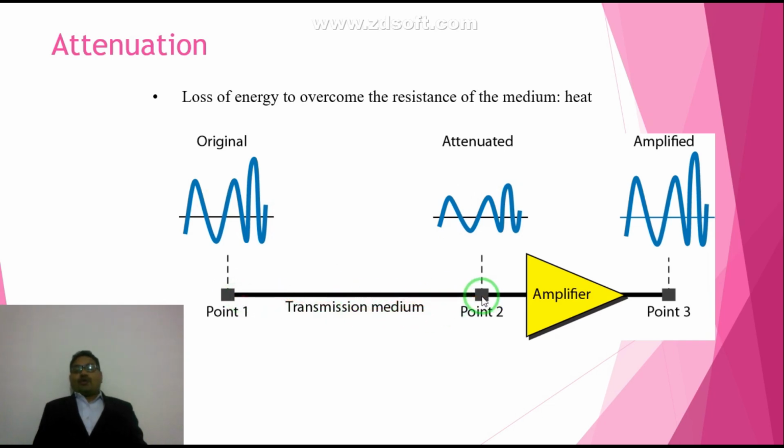To overcome this loss we need compensation, which is achieved by using this amplifier. The amplifier amplifies the attenuated signal so that it can reach its destination.